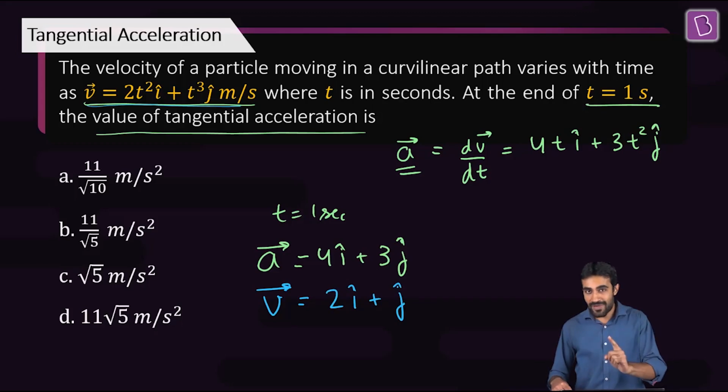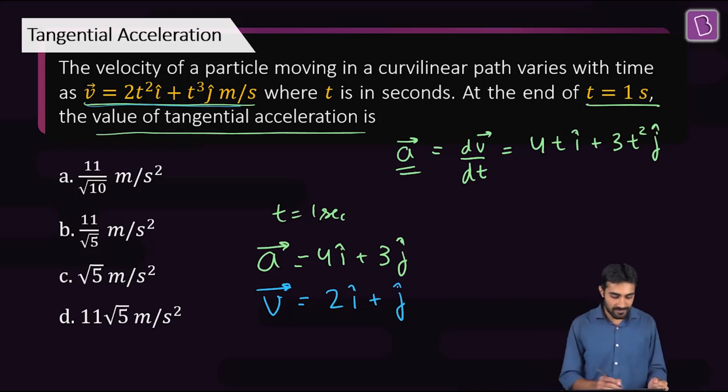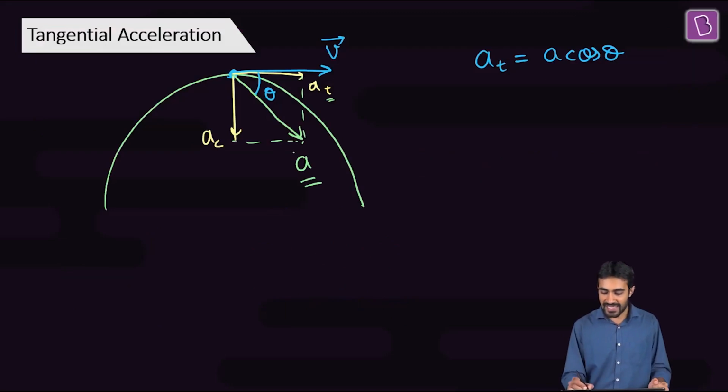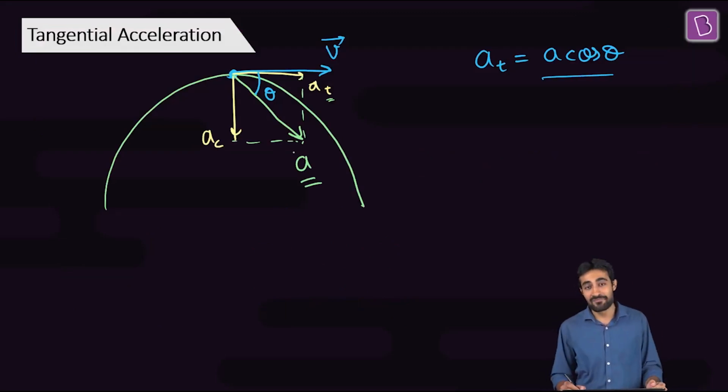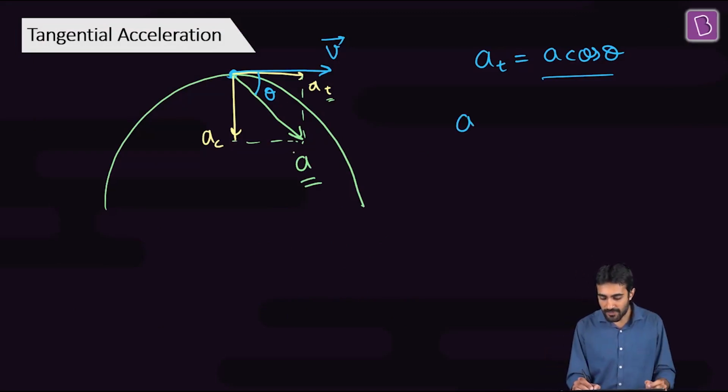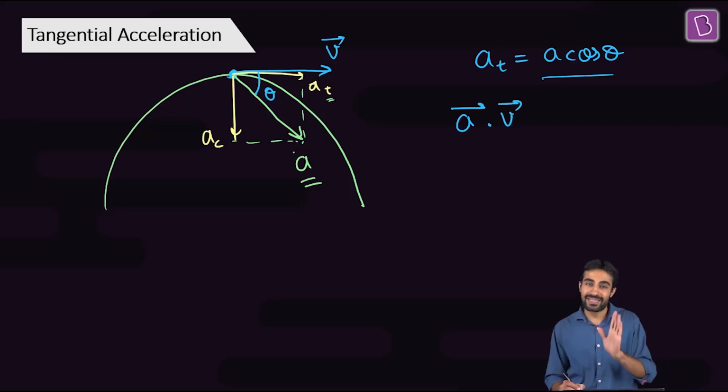Now, we know the velocity vector and we know the acceleration vector. We have to find out A cos theta. Well, it is very easy to find out. I will give you a hint. Do you know the dot product between A vector and V vector? Yes.